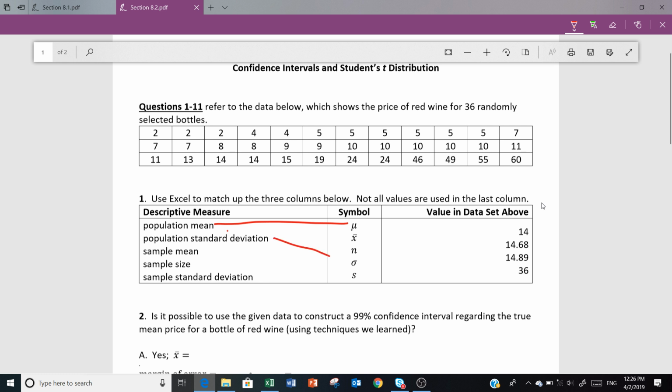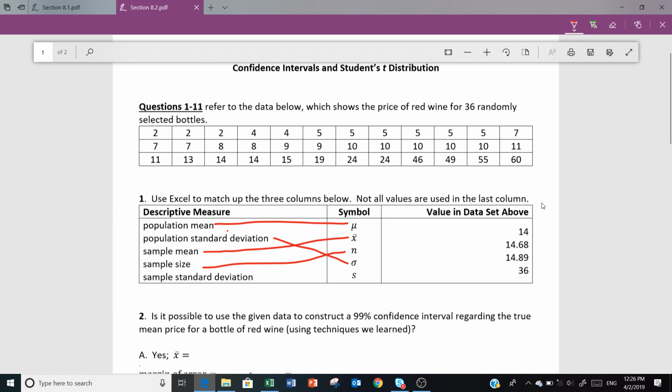That's this one. Okay, sample mean. What's the symbol for sample mean? X bar. Sample size? N. Sample standard deviation? S.